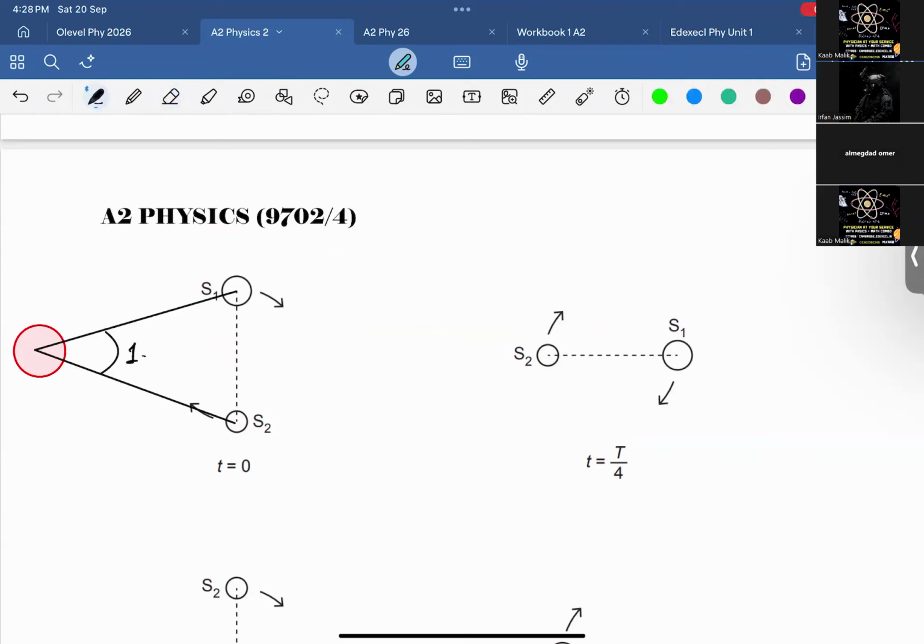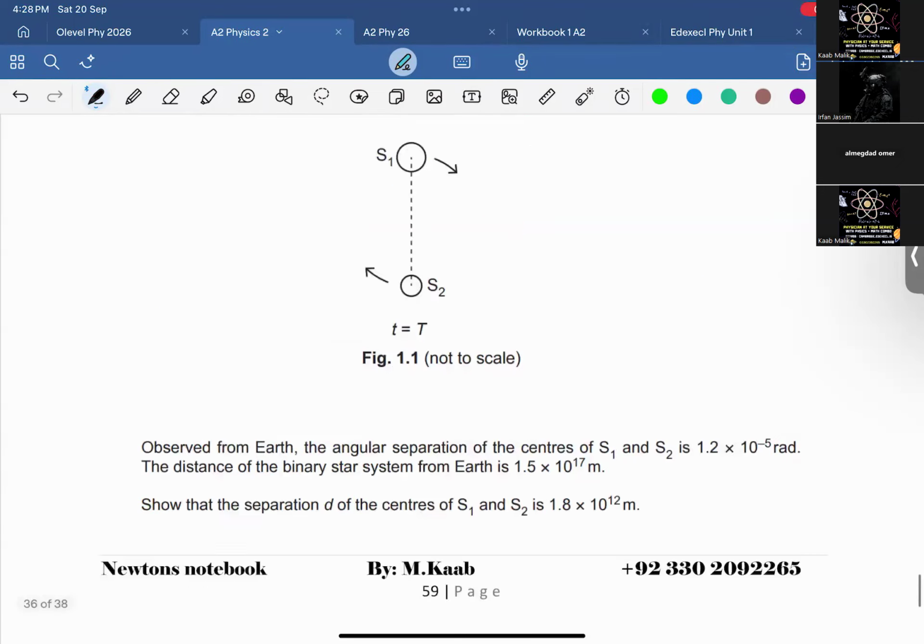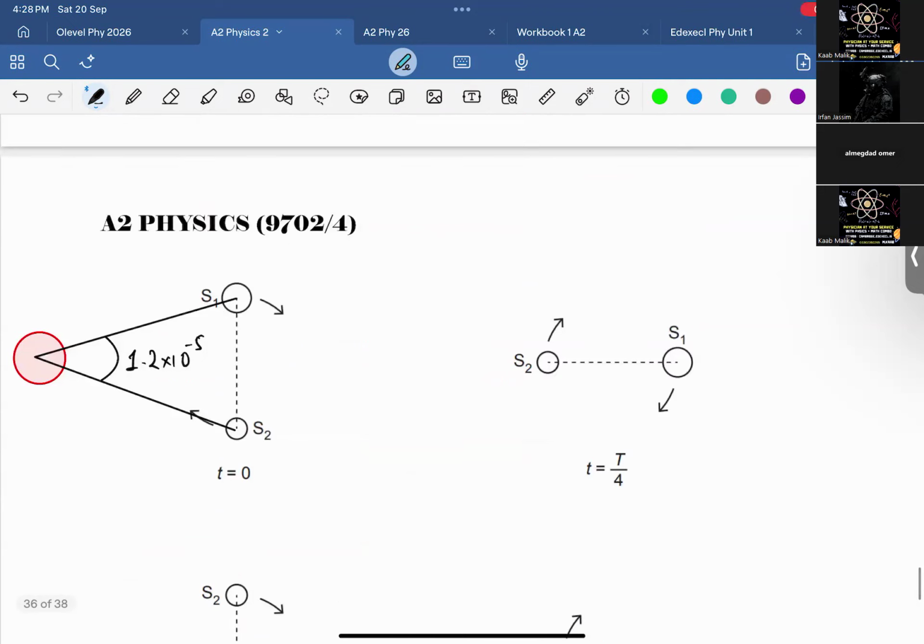This angular separation is given, and this distance is given. Now they are asking, show that the separation d of the centers of S1 and S2 is given.